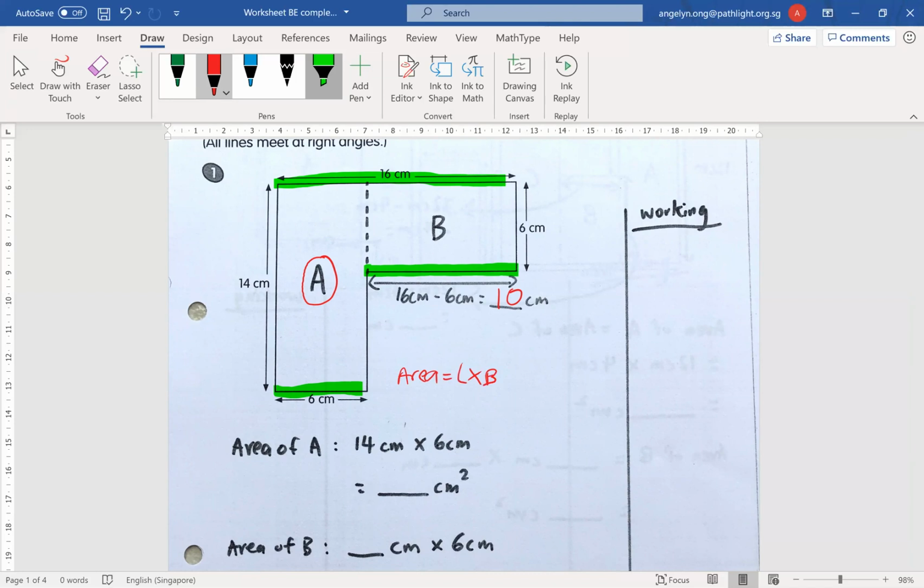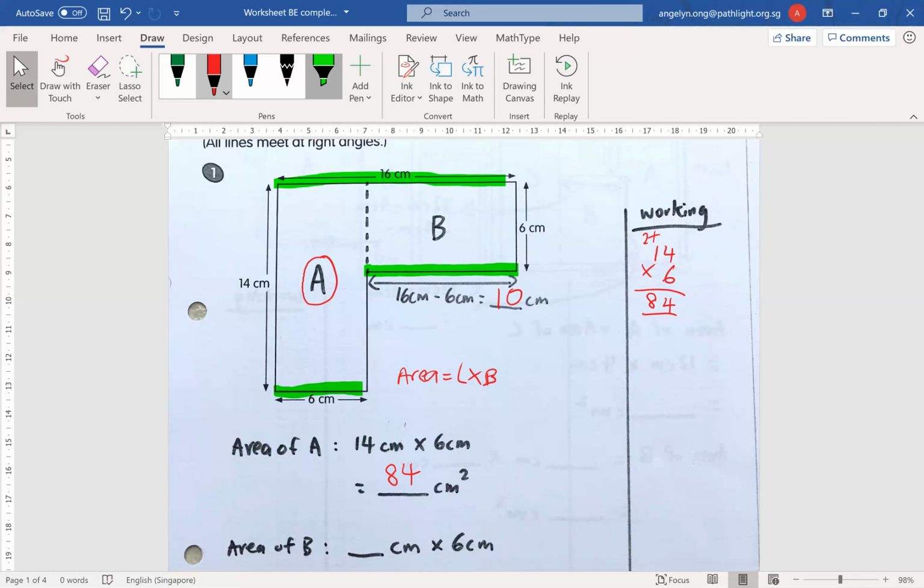So I'm going to do my working. 14 times 6. 4 times 6 is 24. So I have to write the 4 on the 1's place and carry over the 2. And then I have 6 times 1 here, and it's 6 plus 2 is 8. So I have 84. So area of rectangle A is 84 square centimeters.